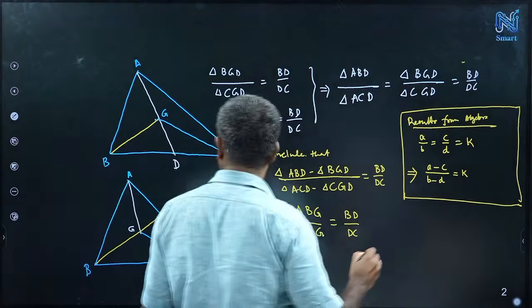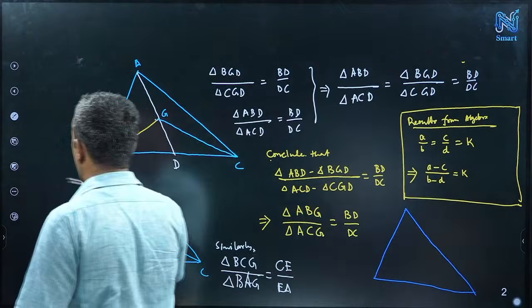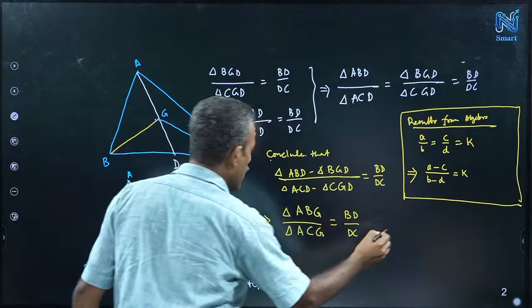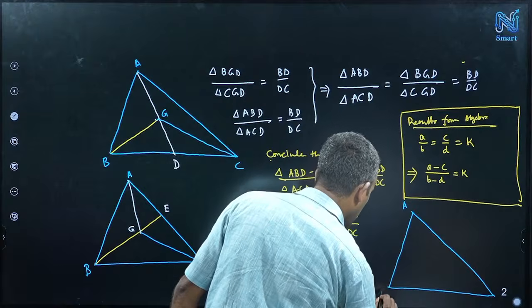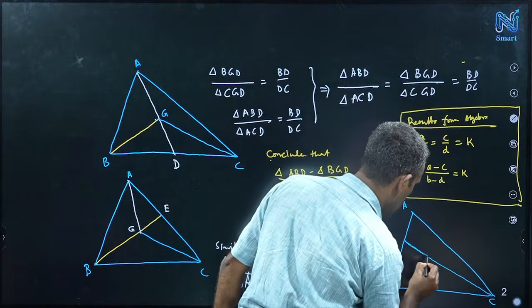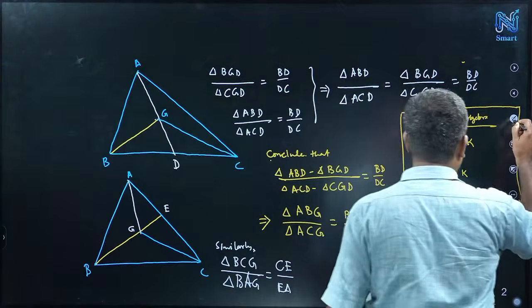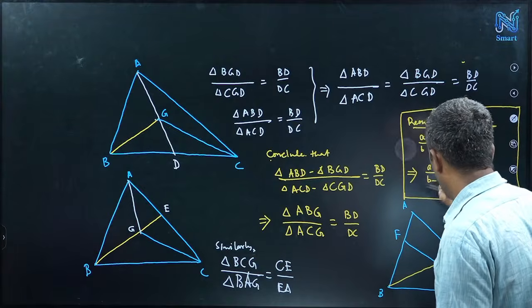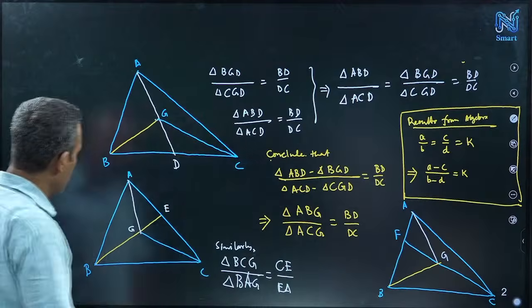So A, B, C, now complete this line, CF, take this point as F, and then that yellow line BG and that white line A. Clear?